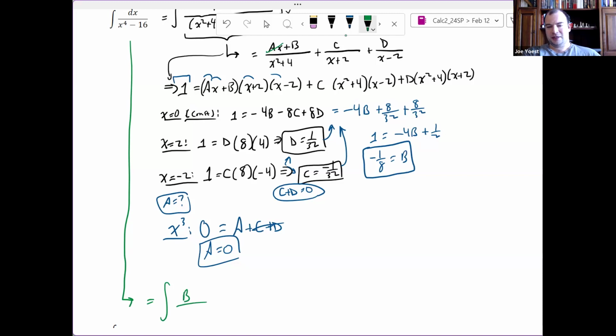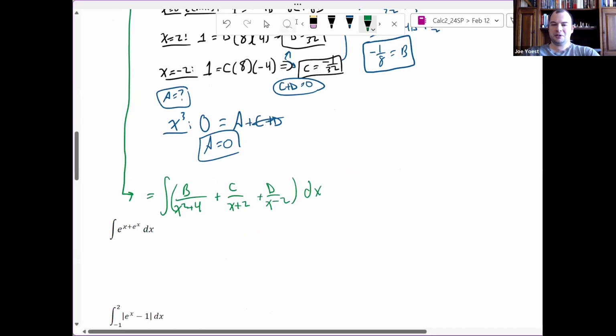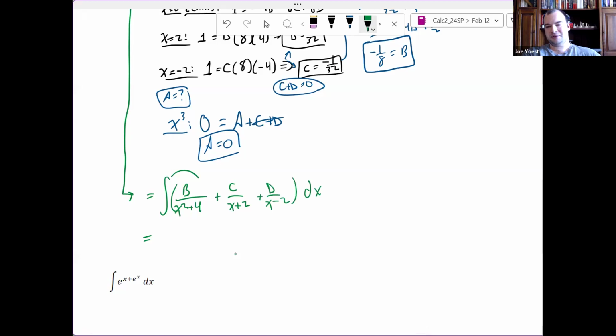I'm actually just going to write these as B, C, and D, because I really don't feel like writing out all these fractions and negatives and maybe forgetting one. So I'm just going to write them this way and then plug them in at the very end. So I see I have 3 integrals here. This one seems a little complicated. Let me revisit that one in a second here.